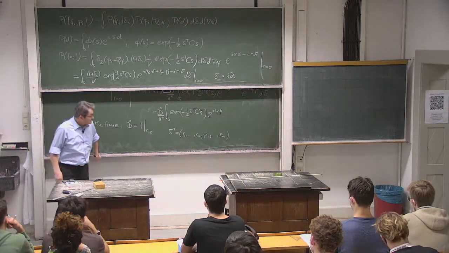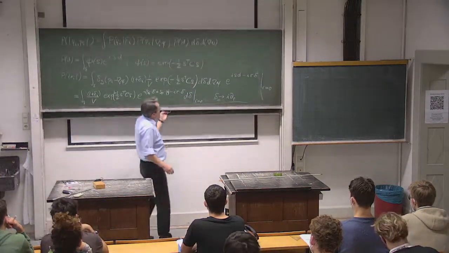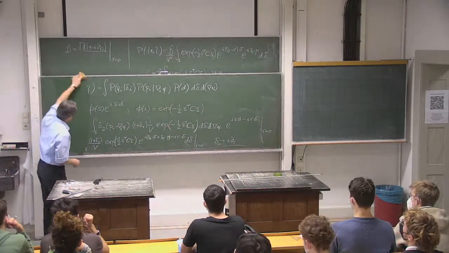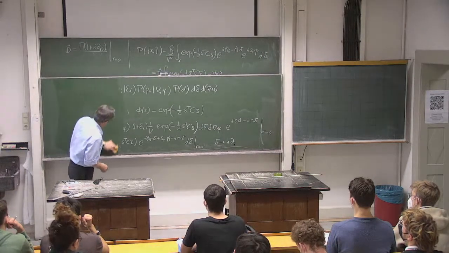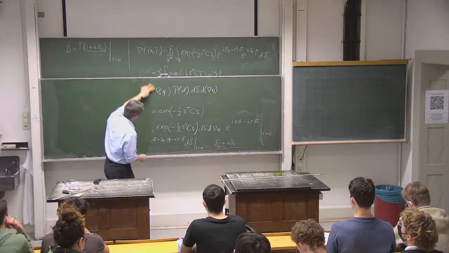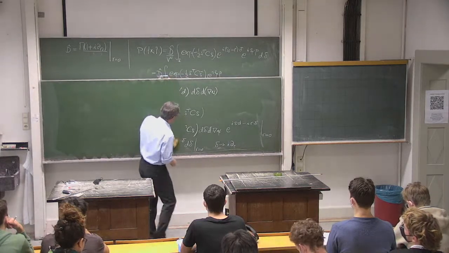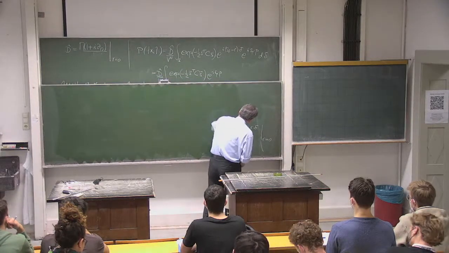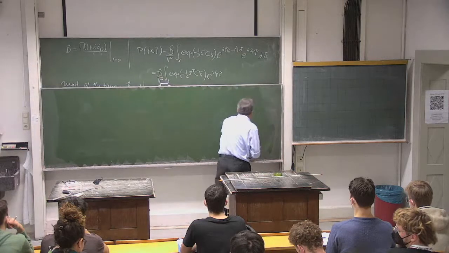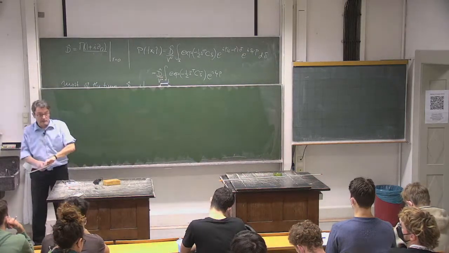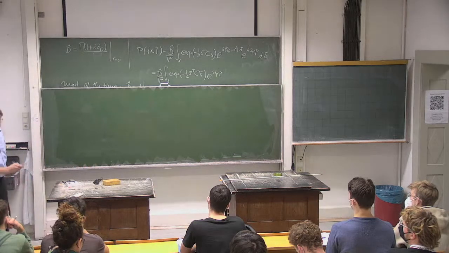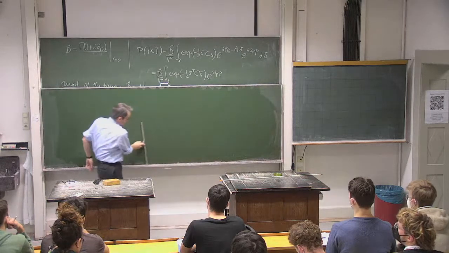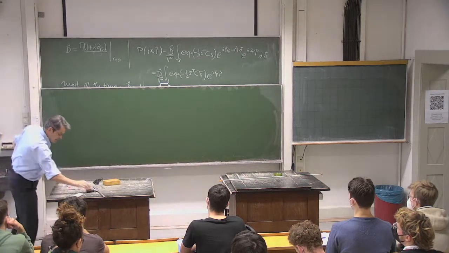So under this condition, we just get a Gaussian integral, which is very easy to solve. And if we can't make this approximation, we also get a Gaussian integral, which is less easy to solve. But we can safely ignore that.